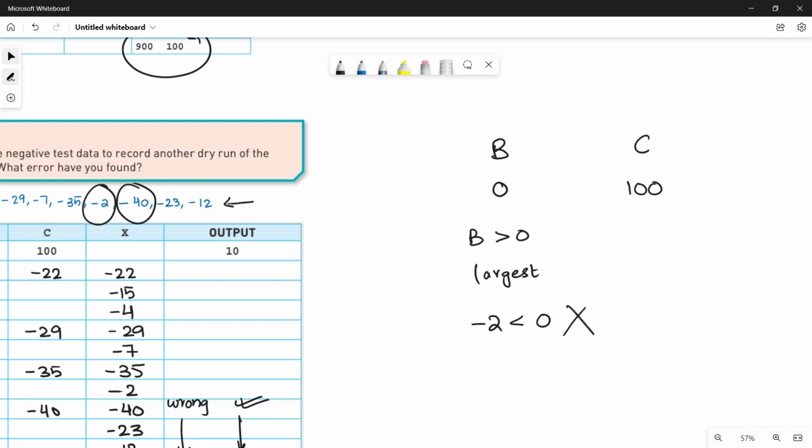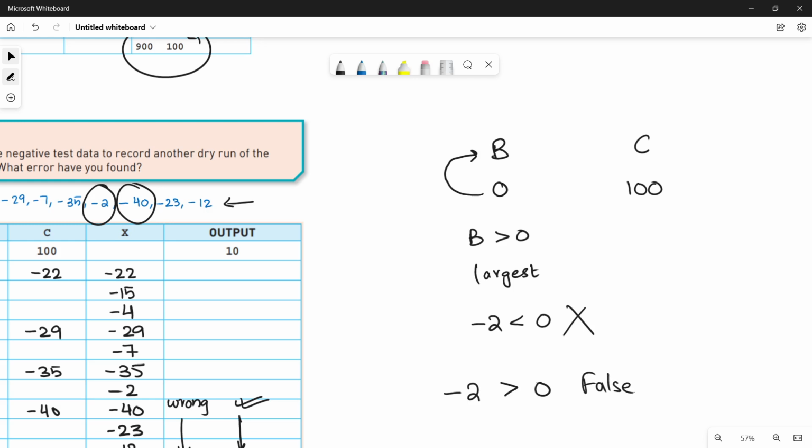Because what you have done is you have initialized your variable b with a value larger than the largest value in your test data, -2. So you cannot modify your variable b in this case, because b already has a larger value than your largest value in the test data, which is -2. So if you see whether -2 is greater than 0, it will be false.